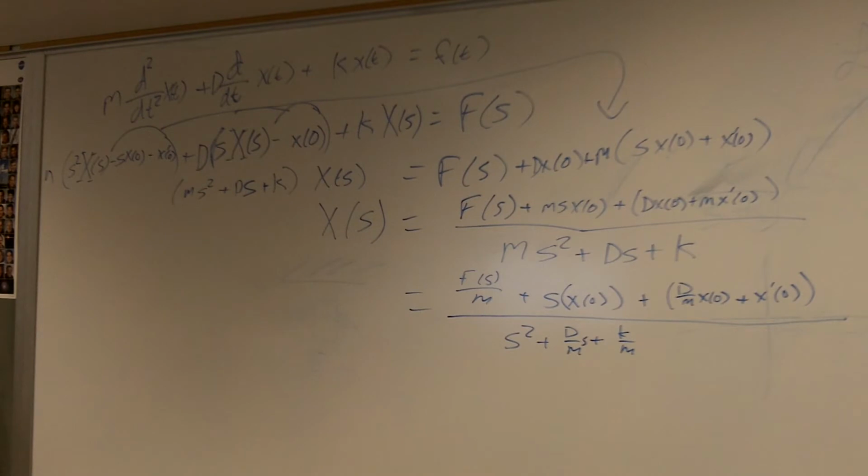This I can rewrite as K1 times s over s squared plus B1s plus B2, plus K2 over s squared plus B1s plus B2. Do we agree? I can get something that looks of this form.